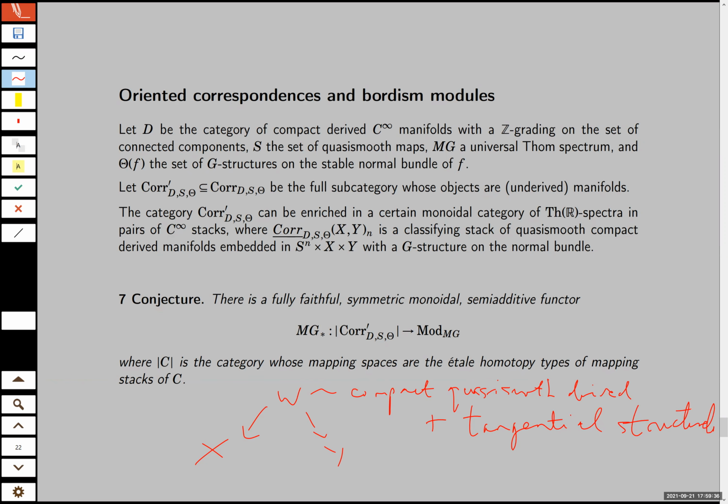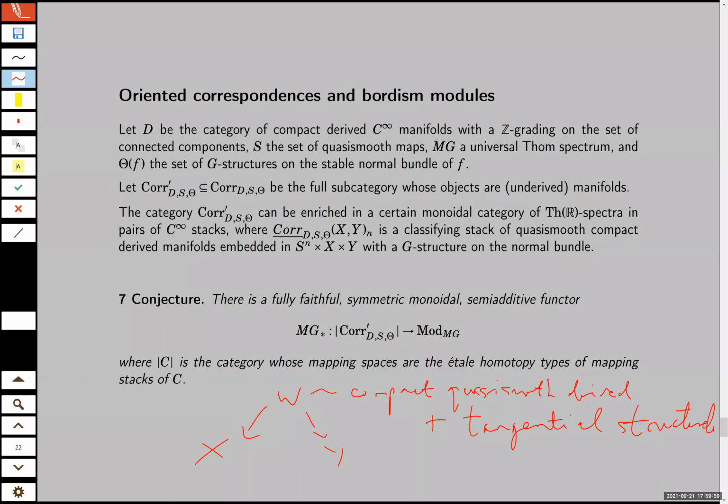And the conjecture is basically a way of organizing, a statement about the Bordism classification of these derived manifolds with tangential structures, and how to organize them into a full category of correspondences.